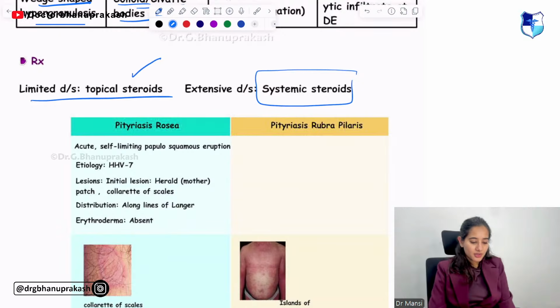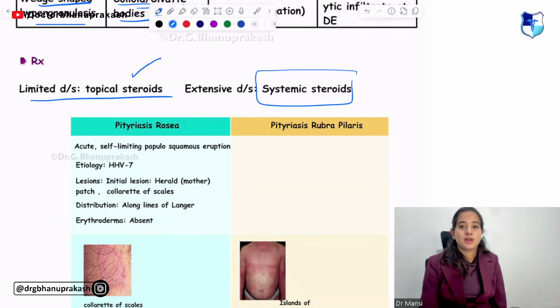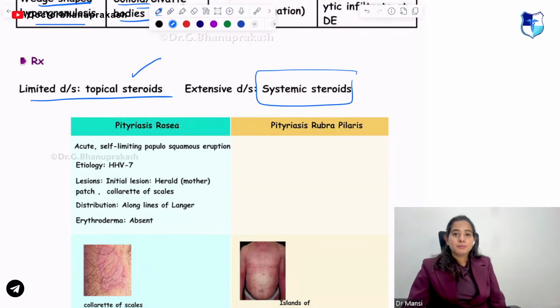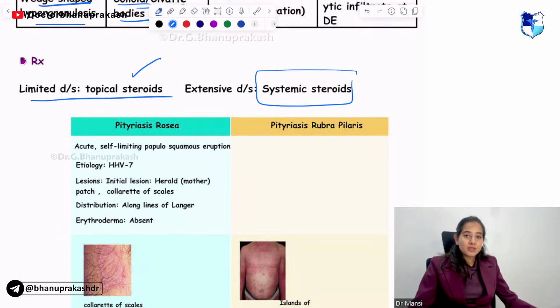Now, another condition which is Pityriasis rosea. Anyone who can tell me the meaning of the word Pityriasis?